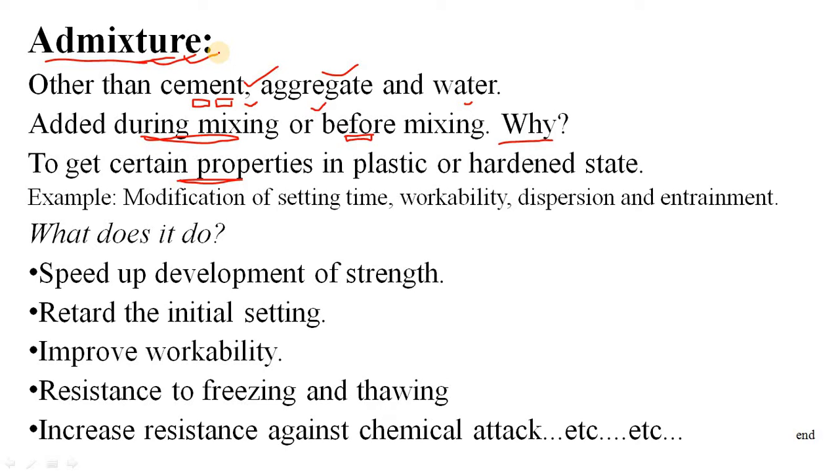In that case, if you do nothing to the original concrete, what will happen? When you reach the site for casting, your cement will be hardened. So your desire will be to slow down the setting process. Yes, this is the first property you want to achieve, to slow down the setting process.